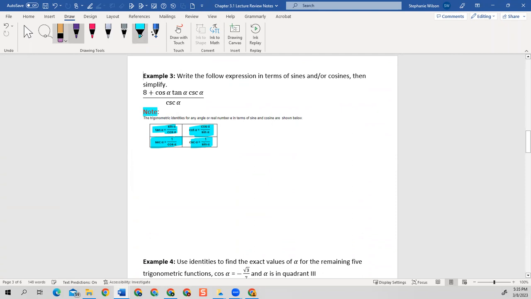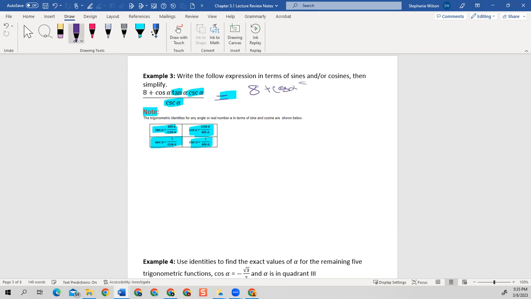There we go. I'm going to look at the tangent and the cosecant and write them in a format that will work with cosine. What do I know about tangent?